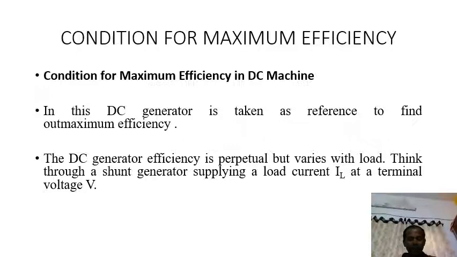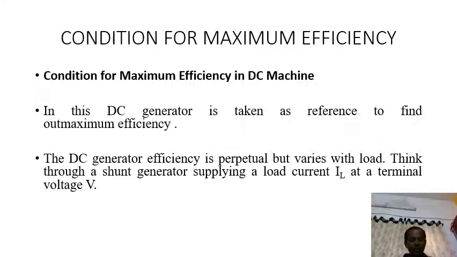When we give mechanical power from the prime mover to the DC generator, mechanical losses are produced.